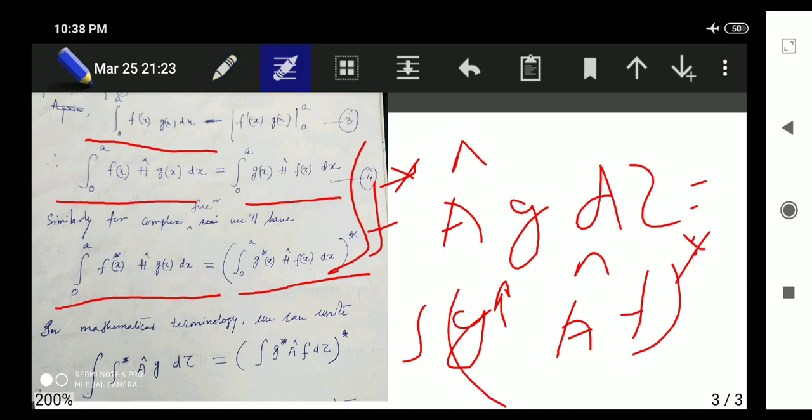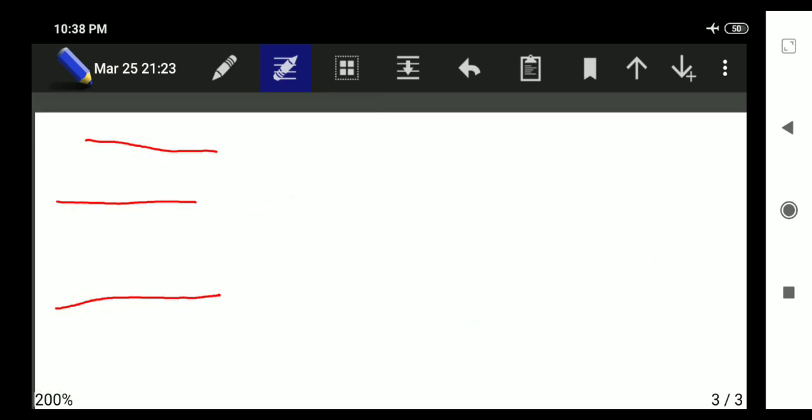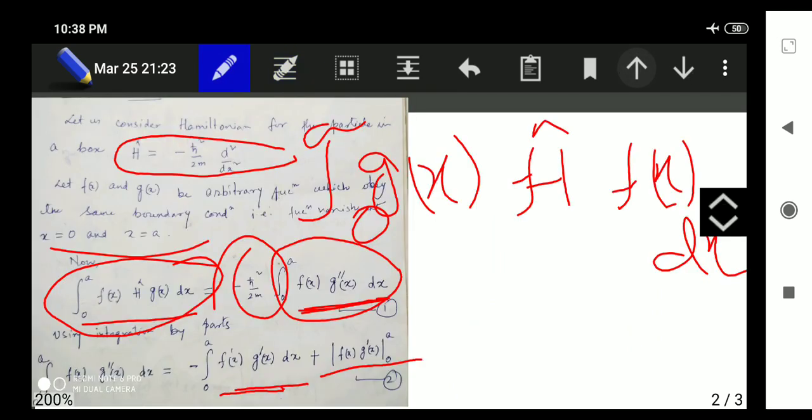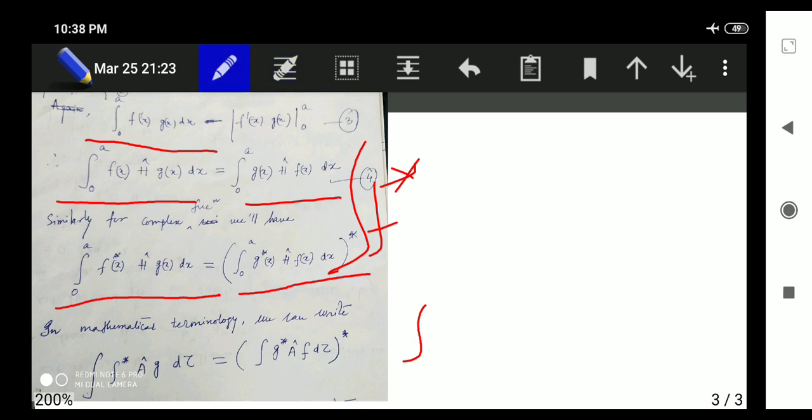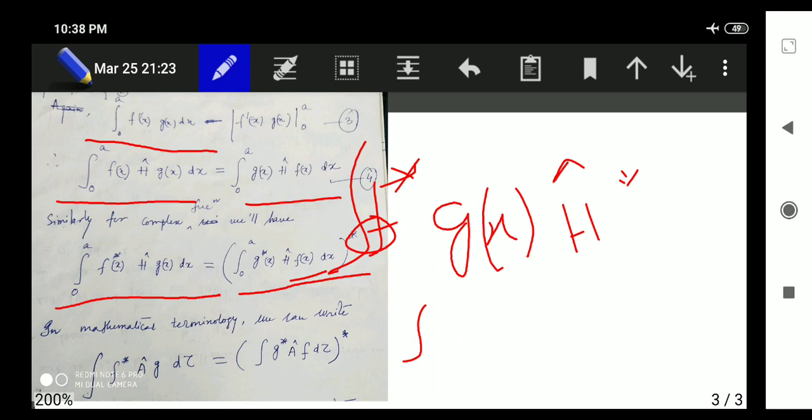If I break this whole star term, I will get g star star, meaning g(x), A cap star, and f star(x).